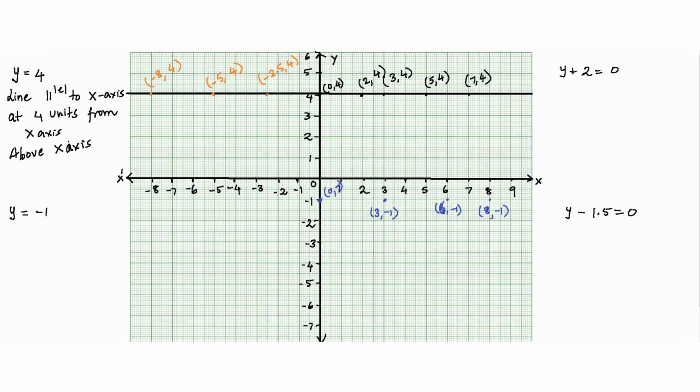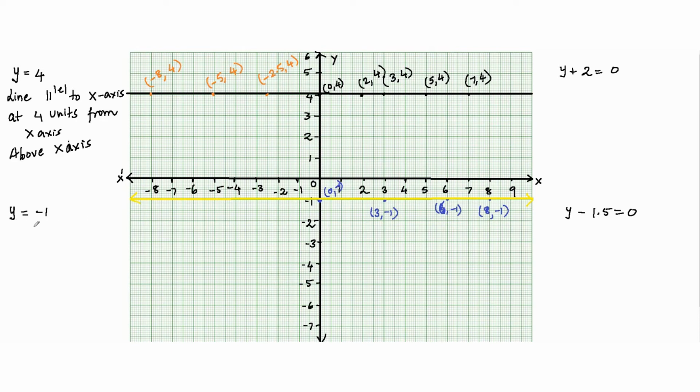So again, if you think of joining all the points whose y coordinate is -1, you will notice that it is again a line parallel to the x-axis. This line is parallel to the x-axis and it is at a distance of 1 unit from the x-axis.